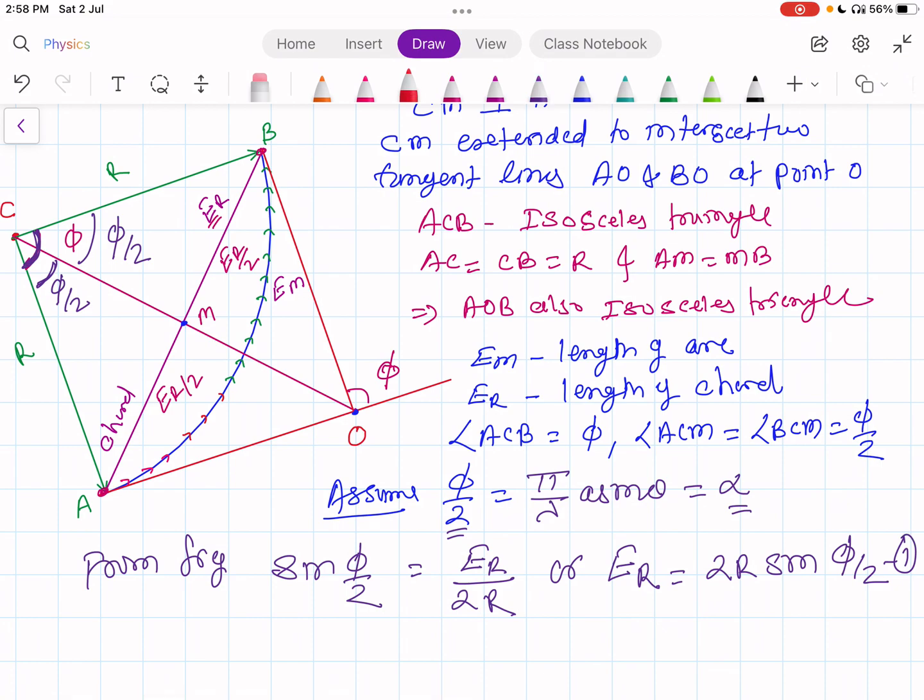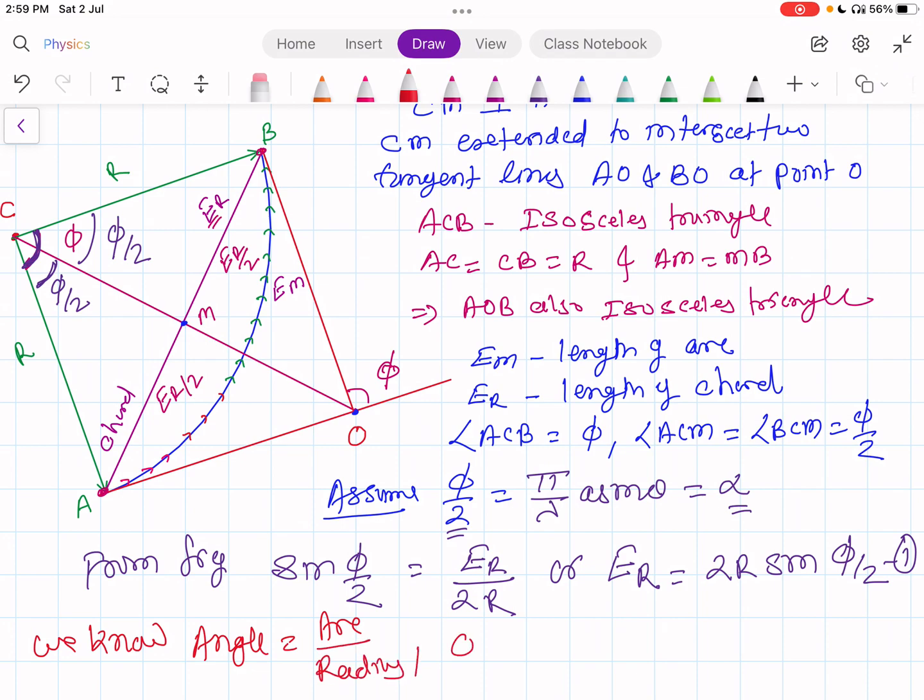Now we know the relation between the angle, arc and the radius. We know that angle is equal to arc upon radius.